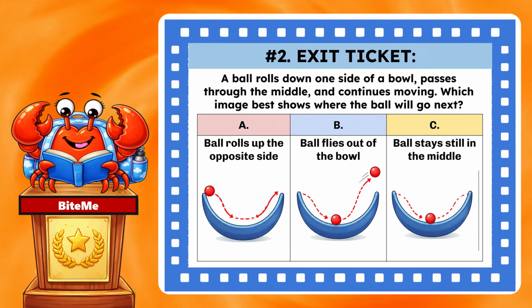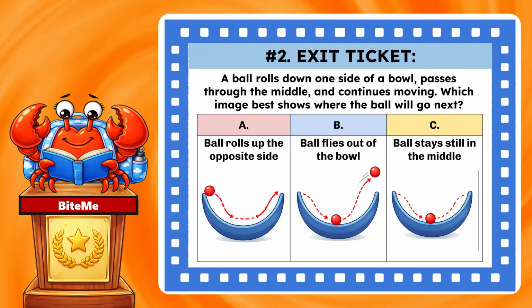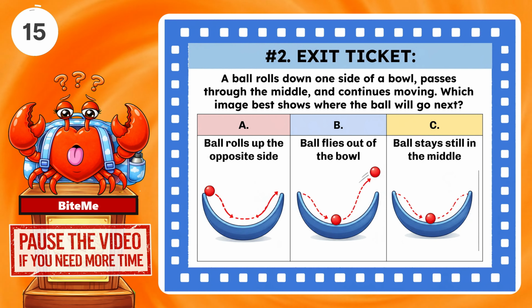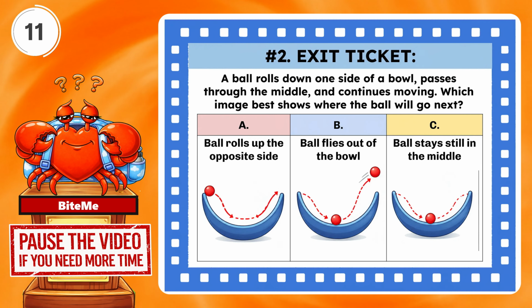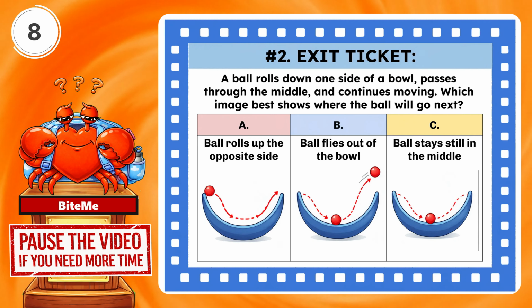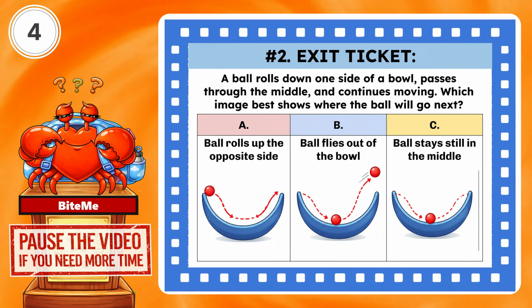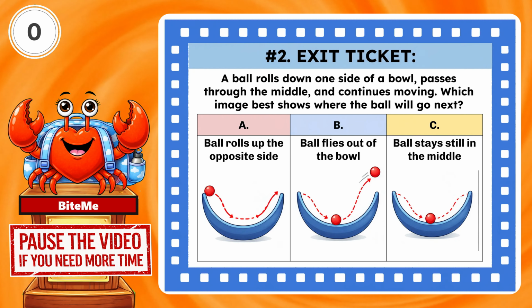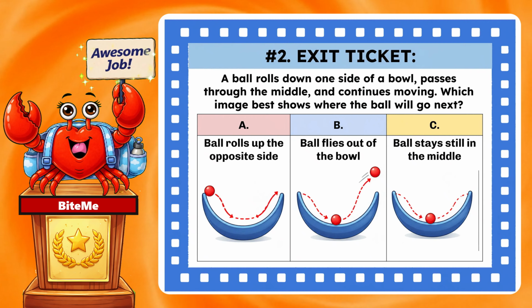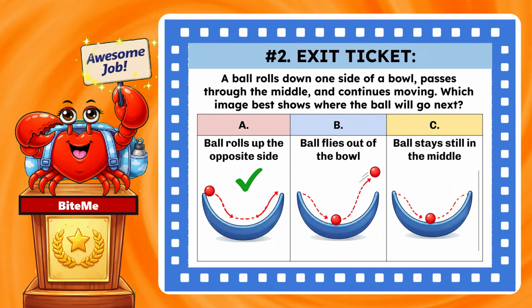A ball rolls down one side of a bowl, passes through the middle, and continues moving. Which image best shows where the ball will go next? And the correct answer is letter A, ball rolls up the opposite side.